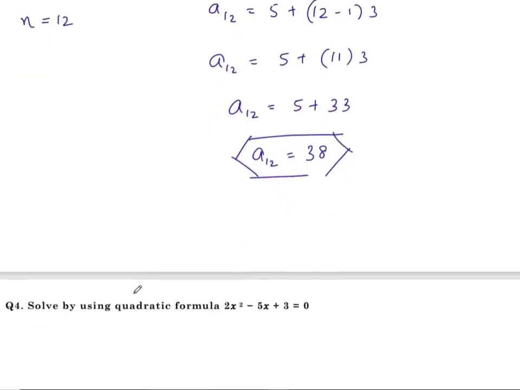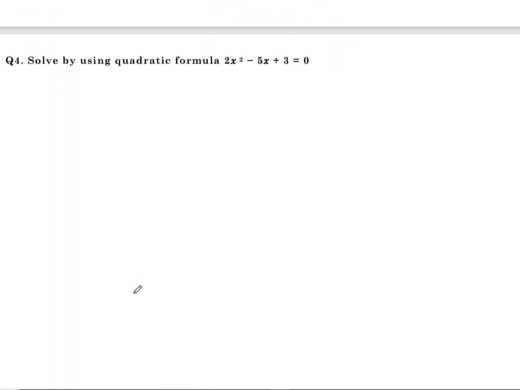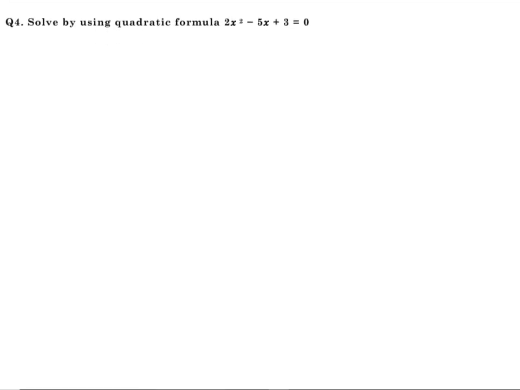Moving to next very important question, solving a quadratic equation by using the quadratic formula. First we learn the quadratic formula.